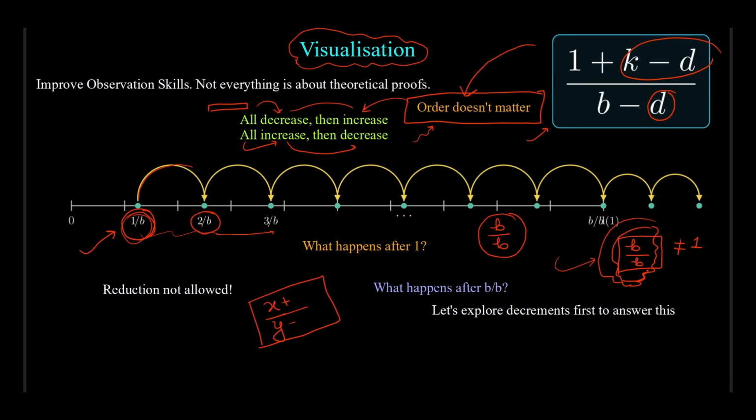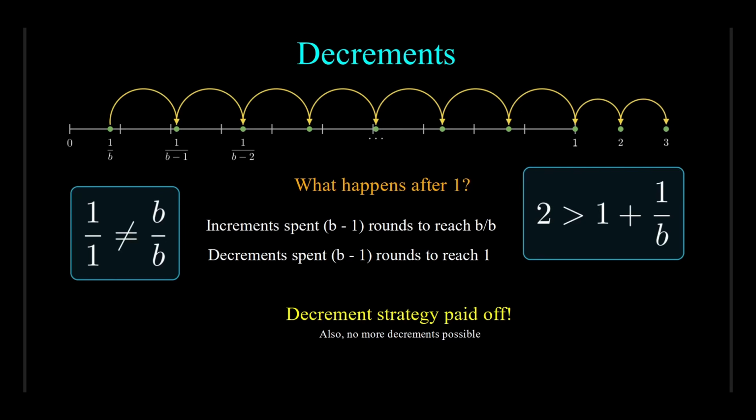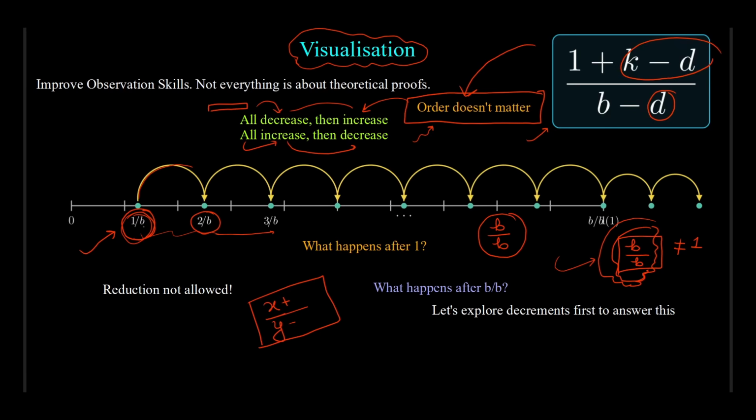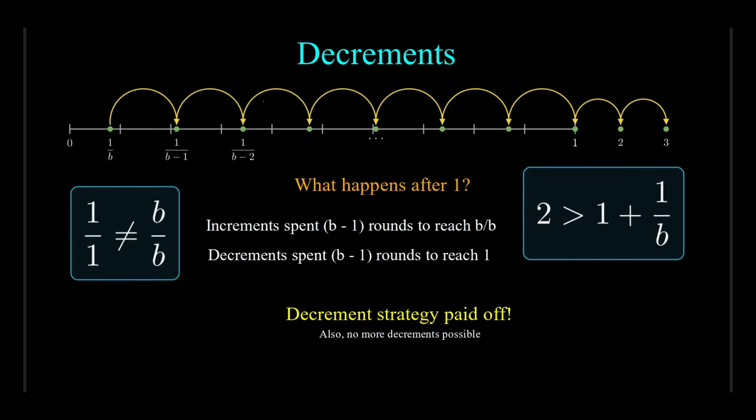Okay. So what happens if we instead do the decrements first, right? In the previous slide, we saw that we did all the increments first and then we reached b upon b. But what if we do all the decrements first? Then you make this transition from b to b minus 1, then to b minus 2 and so on.